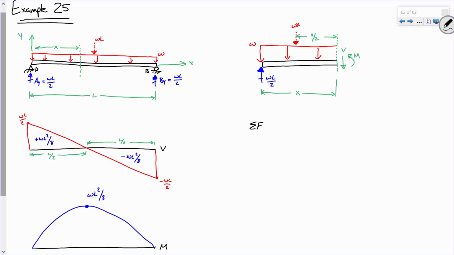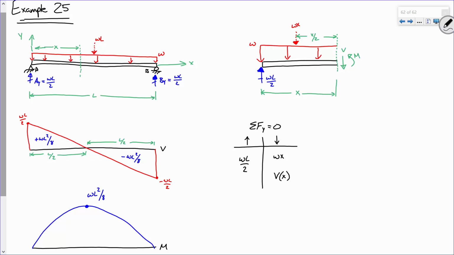So let's sum forces in the y direction. So we're looking at this free body diagram right here. So what do I have? Bless you. What do I have? Going up, I've got WL over 2. What do I have going down? I got W times X, and I got V. And if you want, you can think V of X. That's fine.